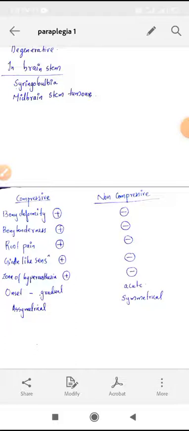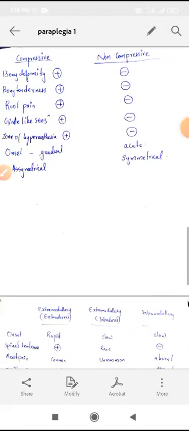A zone of hyperesthesia is present in compressive and absent in a non-compressive cause. Onset is gradual in compressive and acute in non-compressive, and it is asymmetrical in compressive and symmetrical in non-compressive.